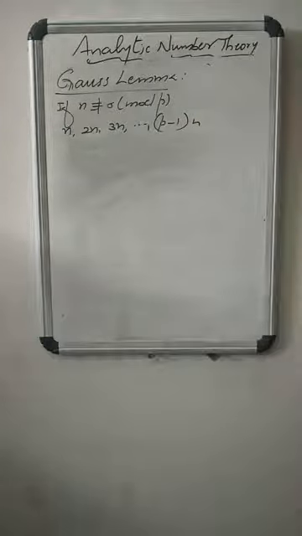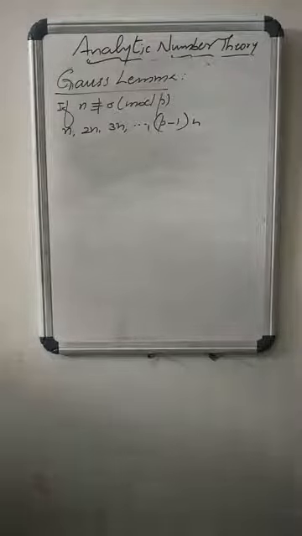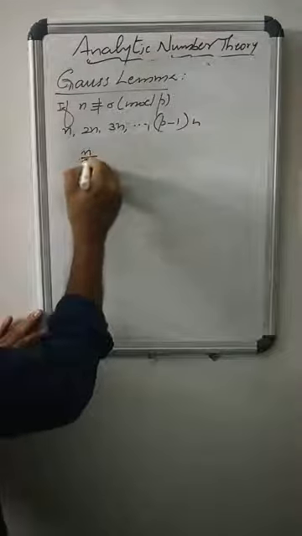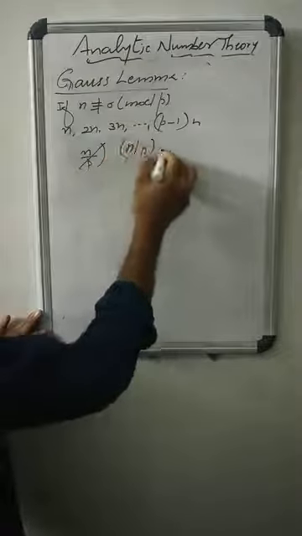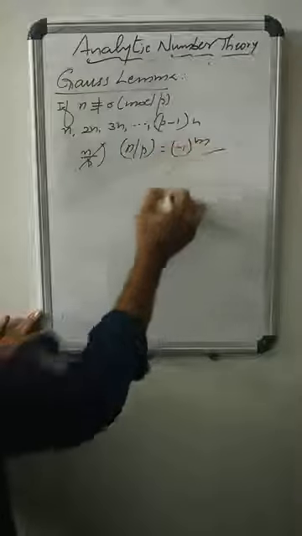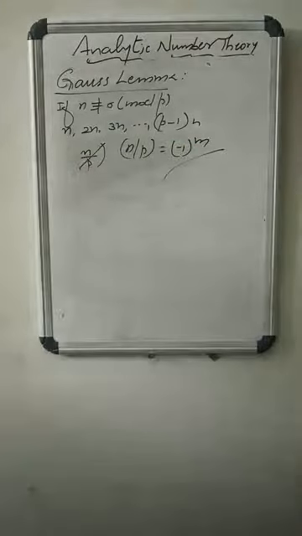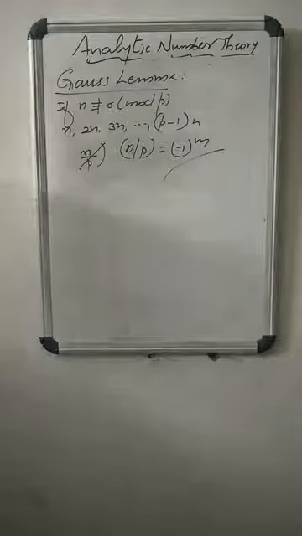If m is the number of residues which exceed p/2, then (n/p) equals (-1) to the power m. So this is Gauss lemma, and the proof is in the next class.